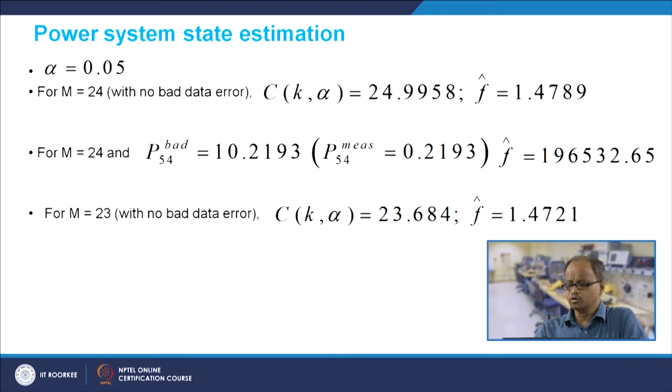When we conclude that there is certainly a bad data, then for each of these 24 measurements we calculate the R dash matrix, and subsequently we calculate the quantity e_i dash by R_ii dash. So, we get the 24 values of e_i dash by R_ii dash, then I take their absolute value and take their maximum value, and find the index of that maximum value.